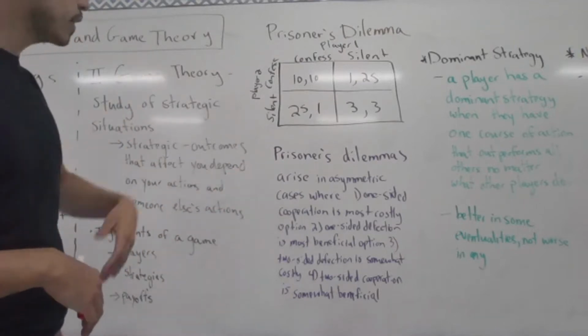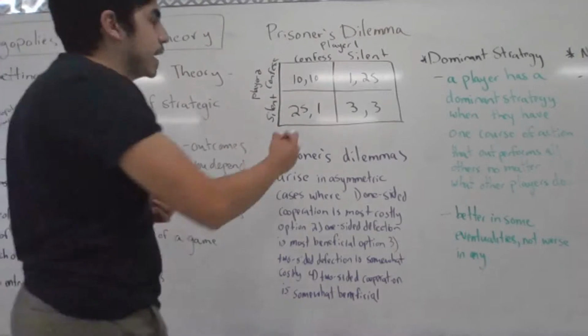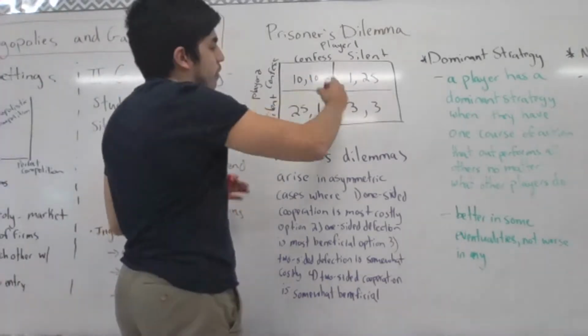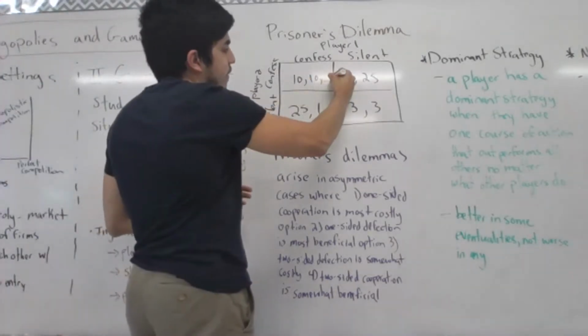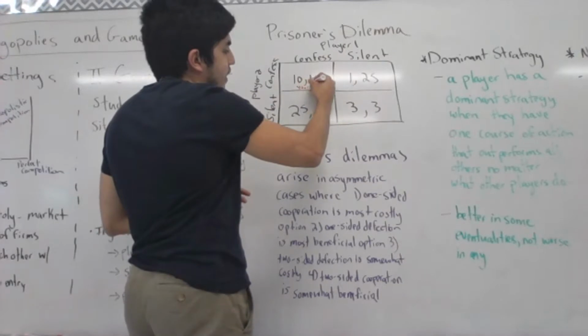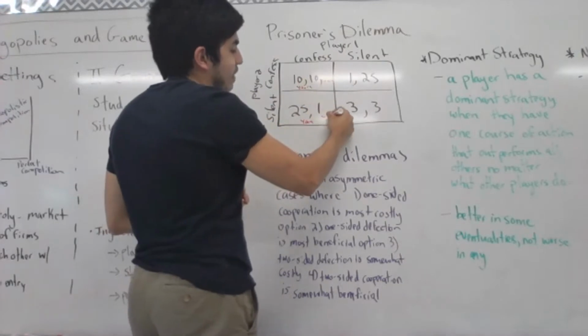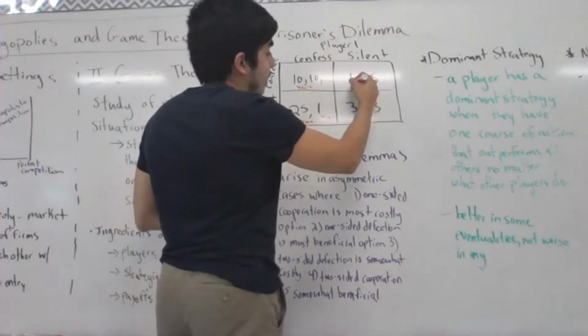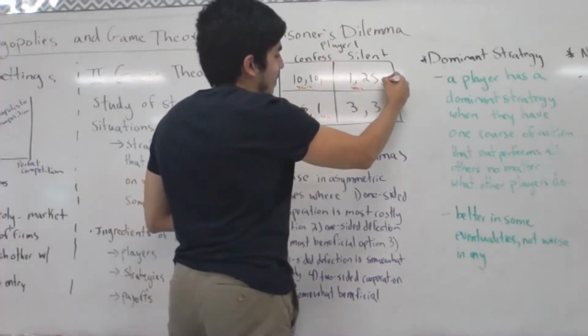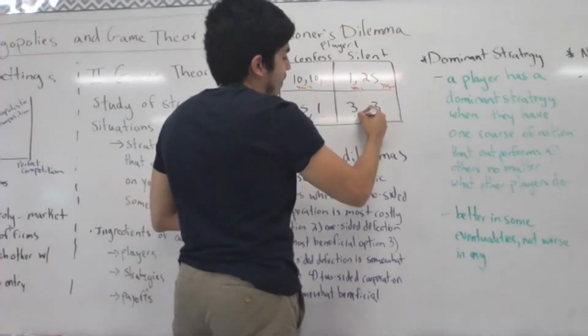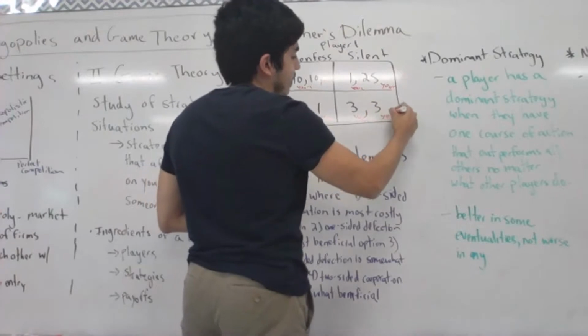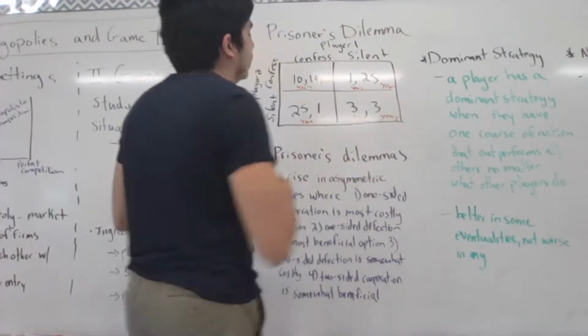And if one confesses, these payoffs are going to represent years. Sometimes payoffs are in dollar figures and you want to maximize them, but this reflects years in prison. So obviously, we're going to assume these players want to minimize the years in prison.